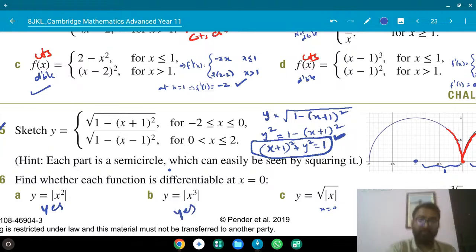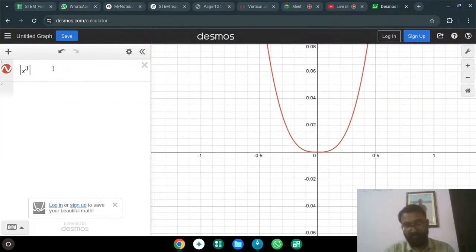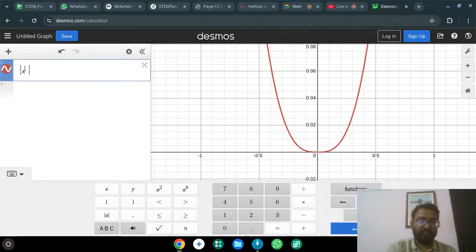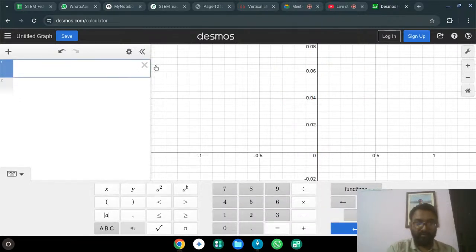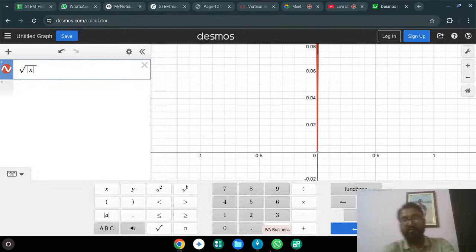And what about square root of mod x? Mod x means internally we have to move this power. Square root of mod x. So now we might get a problem.